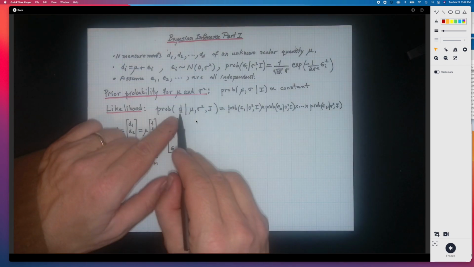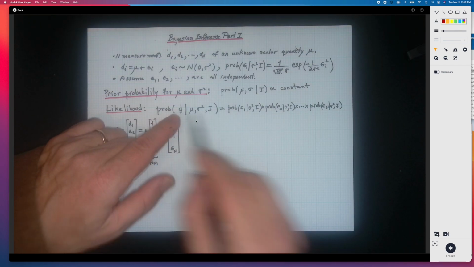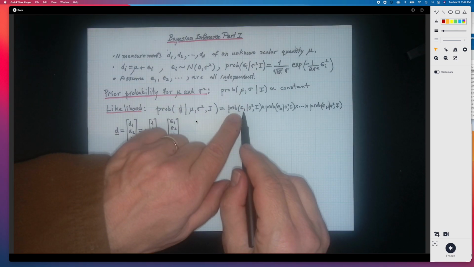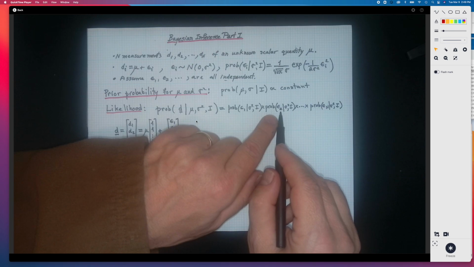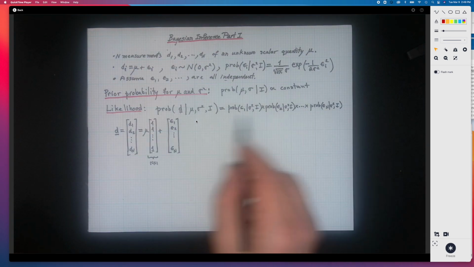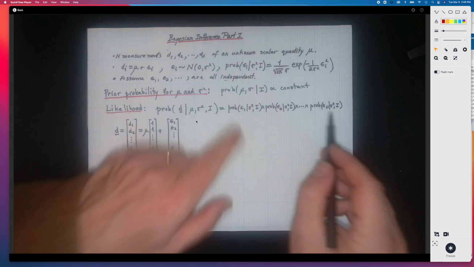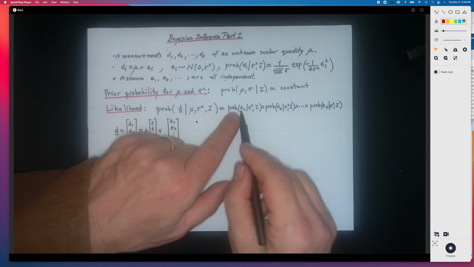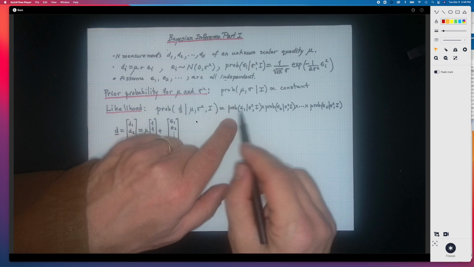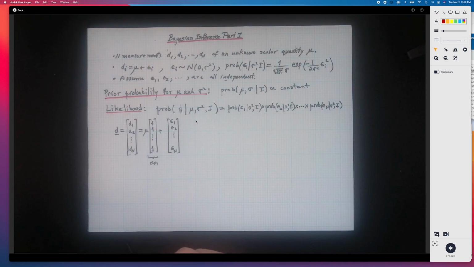So this particular data set we have, its probability is going to depend on the probability distribution of epsilon 1 multiplied by the probability distribution of epsilon 2, and so on all the way up to epsilon n. And the reason we can just multiply these probabilities is because we've made them independent, right? If they were not independent, then what we would have to do is the probability of the whole set. We couldn't factor it in separable pieces like this.